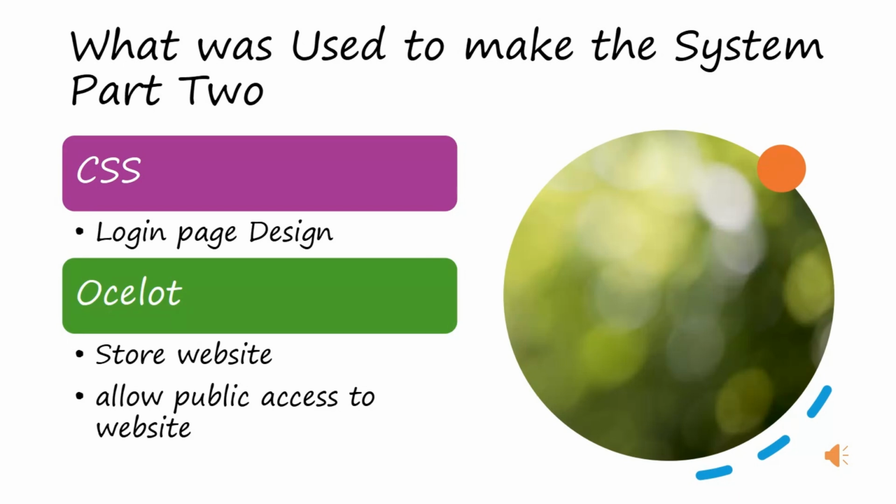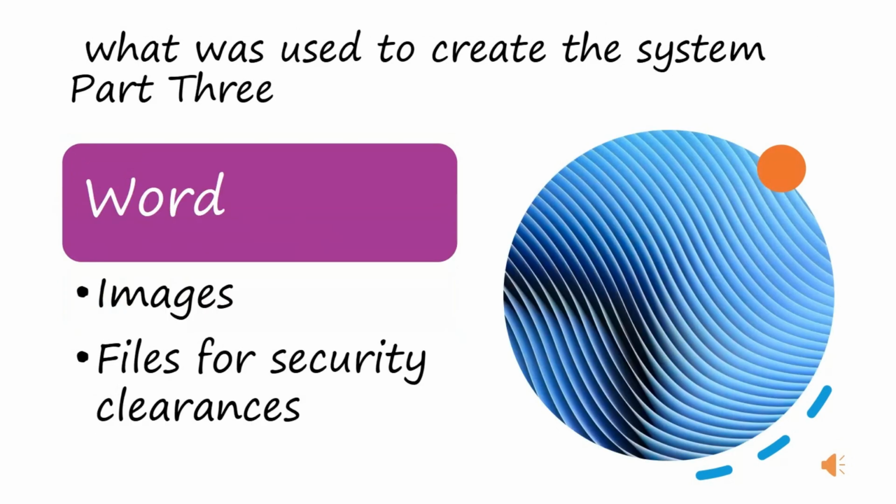For our store website and allowing the public to have access to this actual site, we use OSLite, just as we would for FIU sites. And last but not least, we also used Word for images and creating these files for the security clearances on what's to be seen and shown for clearance 1, clearance 2, all the way up to 7.